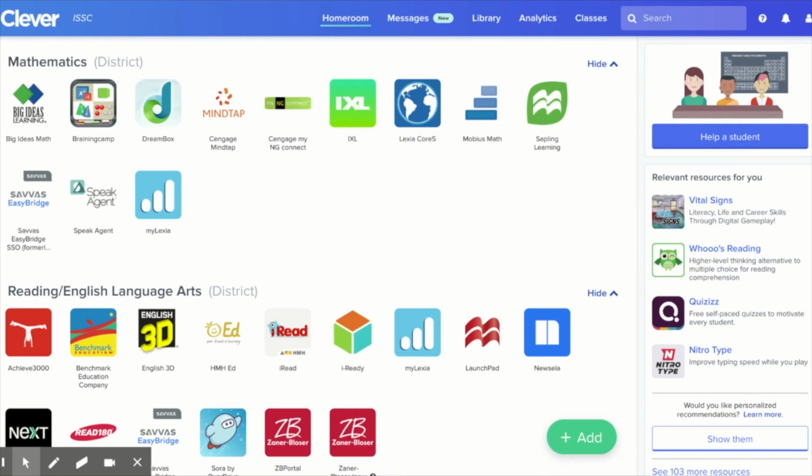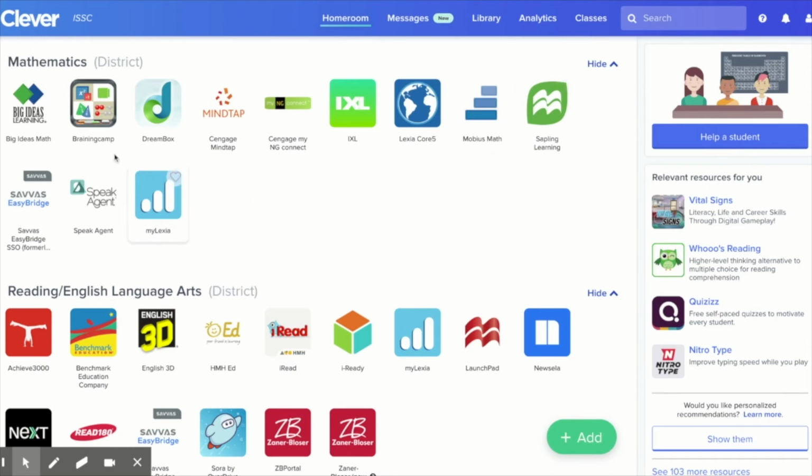In order for your child to sign in through Clever, they just sign in with their ID and their password, just as they would log on to their Chromebook or their email, or to anything from Google Classroom or anything else that your child's teacher has asked them to sign on to. In Clever, there's a bunch of different resources that are paid for by the county.